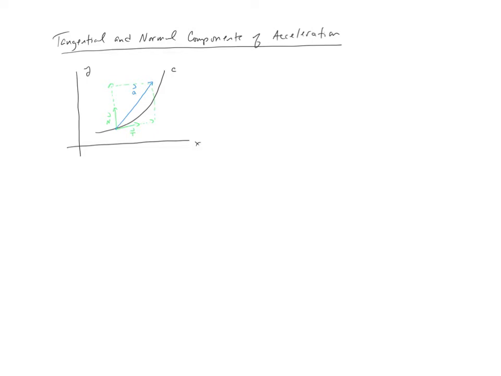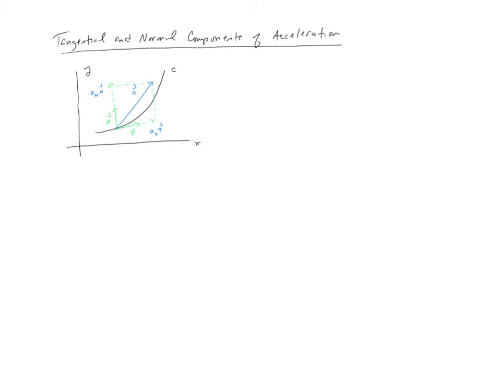Now, we've extended some vectors. We've taken the unit tangent, which has a magnitude of 1, and we've extended it, so we want to multiply it by the appropriate scalar. The scalar that I'm going to use is a sub t. So a sub t times the unit tangent, and that a sub t is going to be a scalar. Similar to the unit normal, I've extended it, so I need to multiply it by the appropriate length, and so I'll use a sub n for that scalar multiplied by the unit normal.